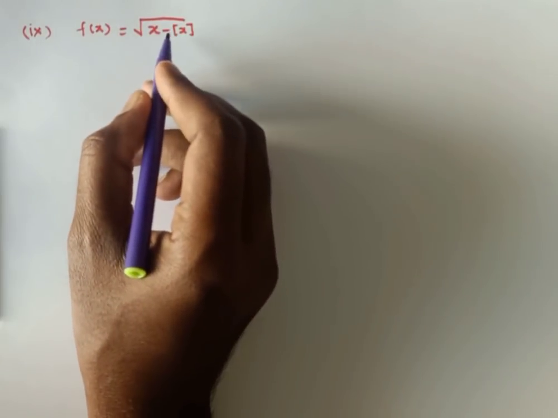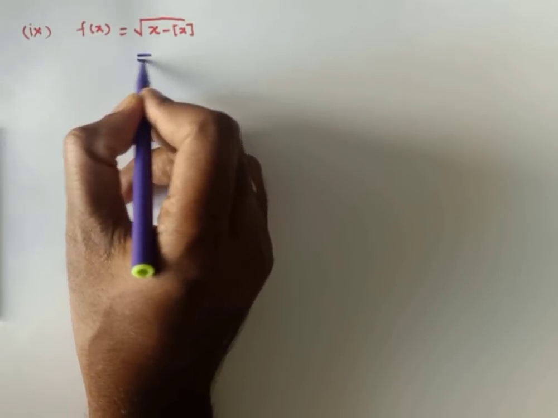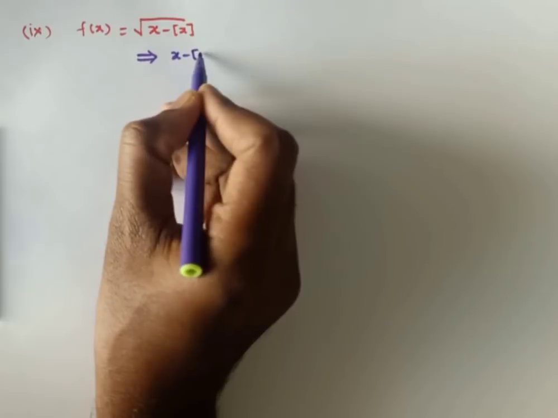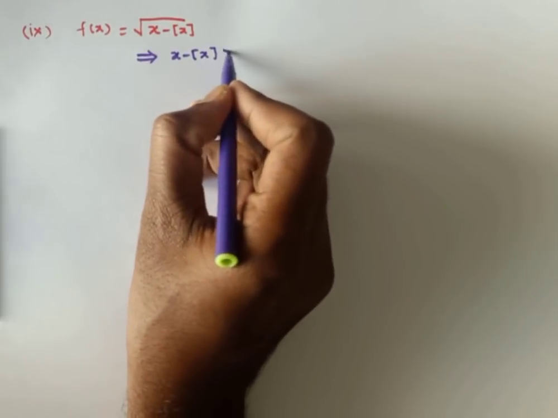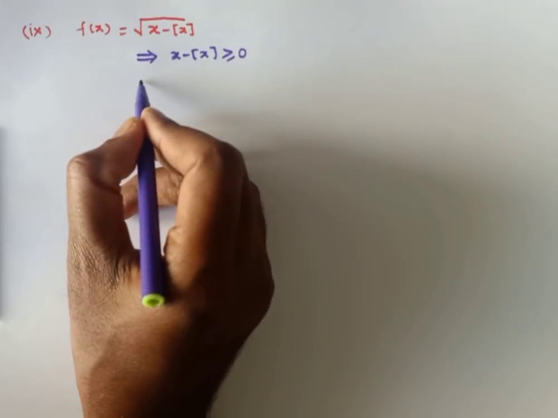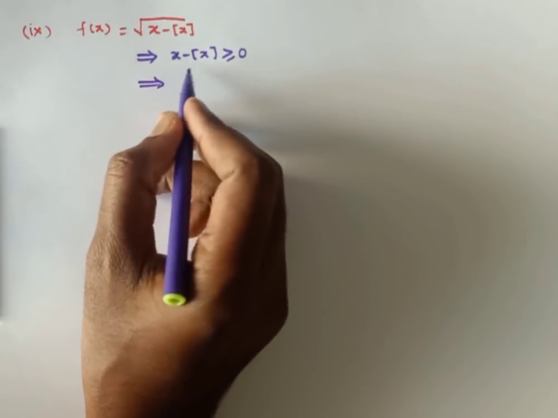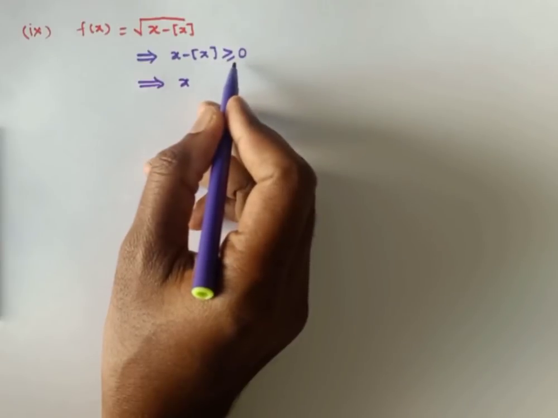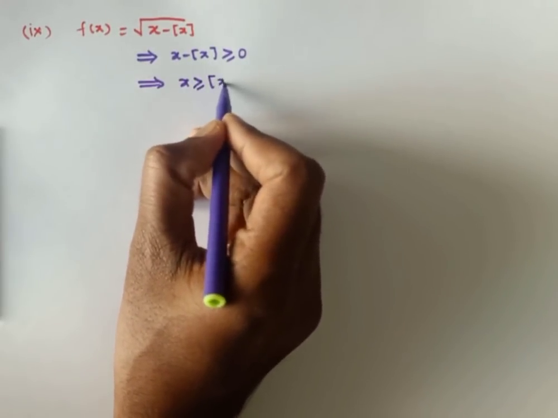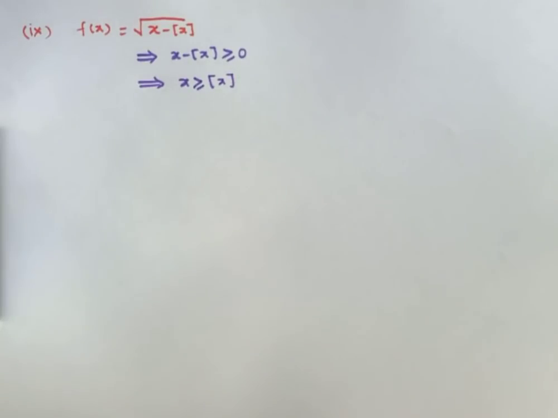Now first what we have to take, the inner function is x minus step x, right? So x minus this step x or box x is compulsorily greater than or equal to 0. Now this implies x minus box x is greater than or equal to 0, or we can write this as x is greater than or equal to box x or step x.